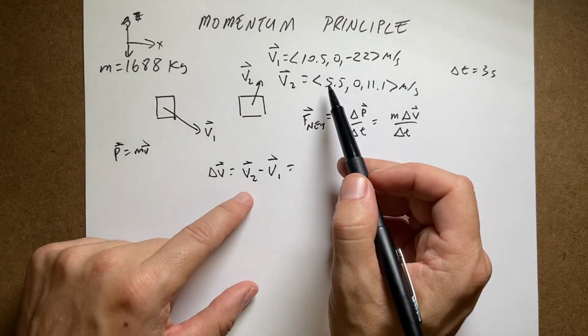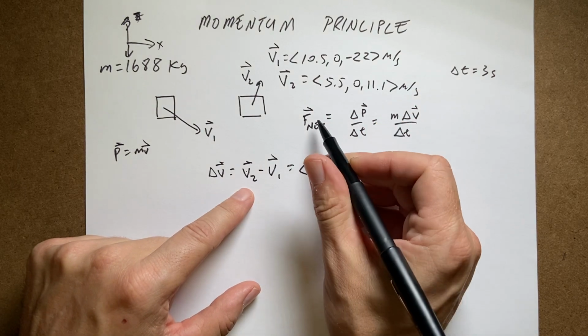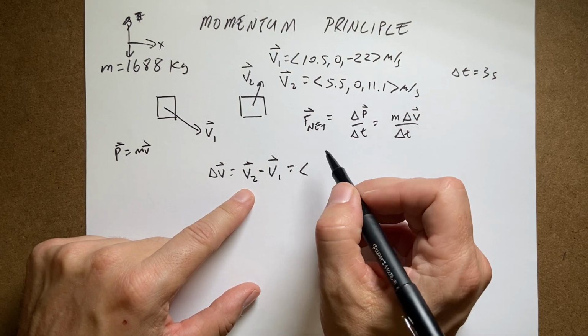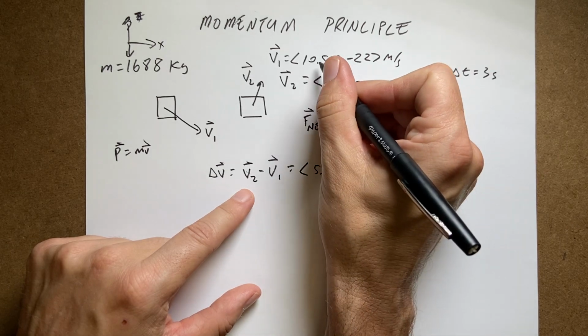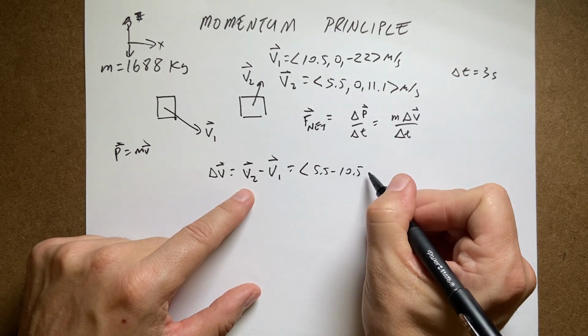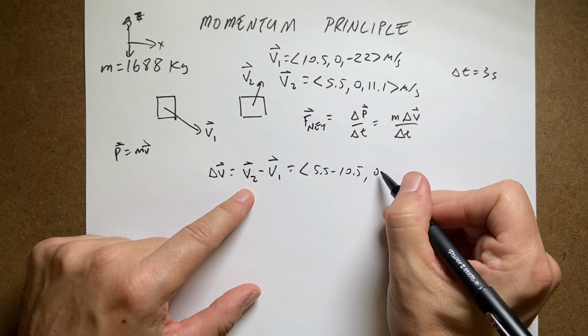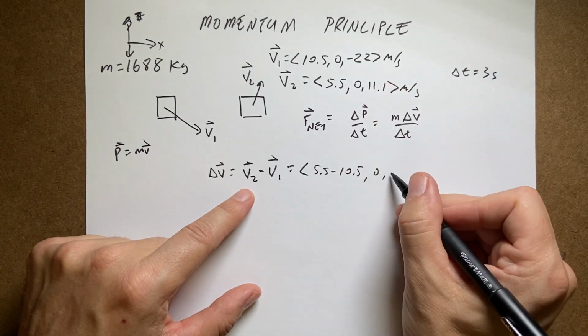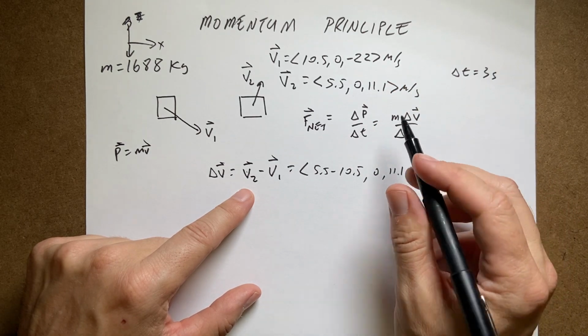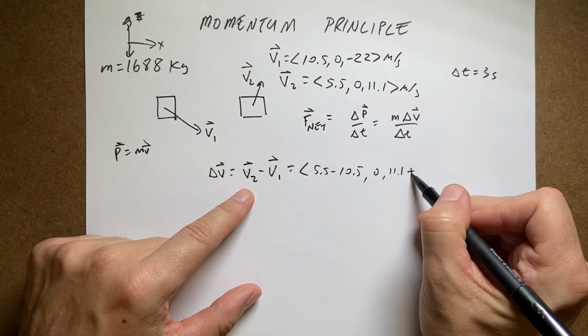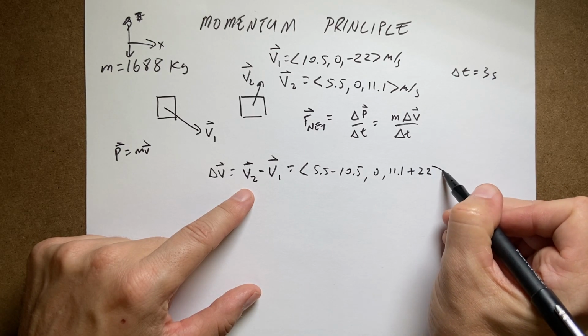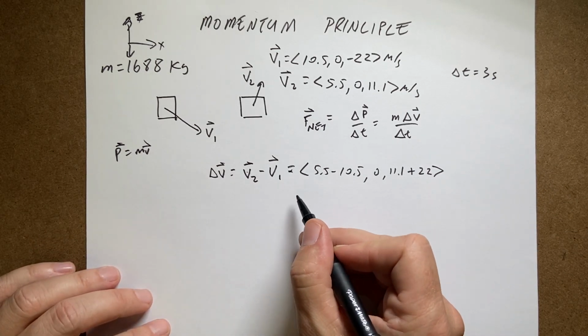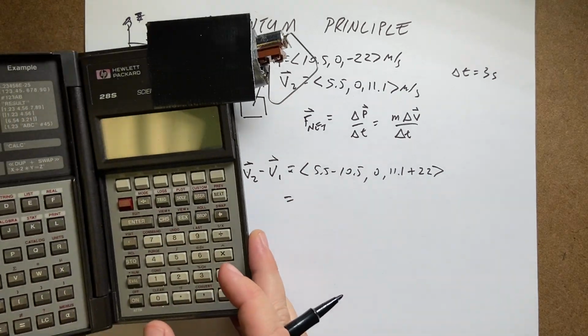I can do the components. It's going to be this velocity, 5.5, minus that one, 10.5; 0 minus 0; and then 11.1 minus negative 22, so it's going to be plus 22. I can get that as a value. My handy dandy calculator.